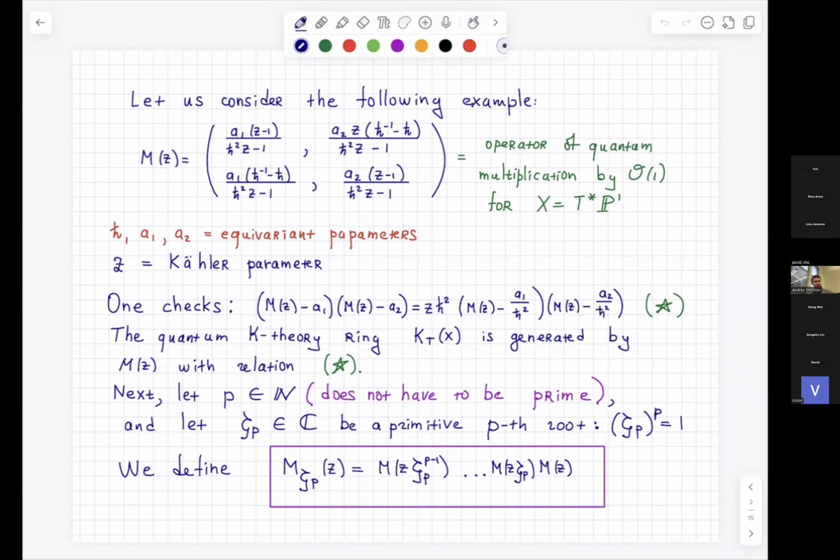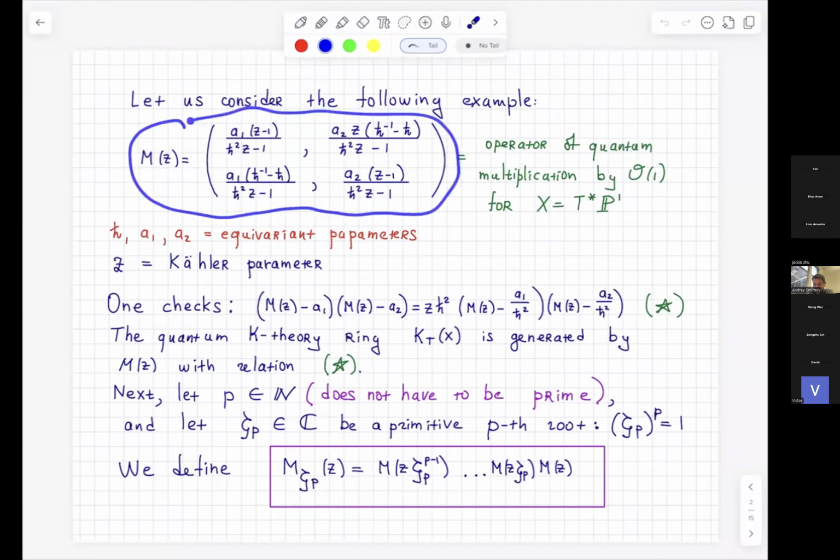Today I would like to start with the following very explicit example. Let's look at this 2x2 matrix. It depends on a few parameters: parameter z, parameters a1 and a2, and parameter h bar.